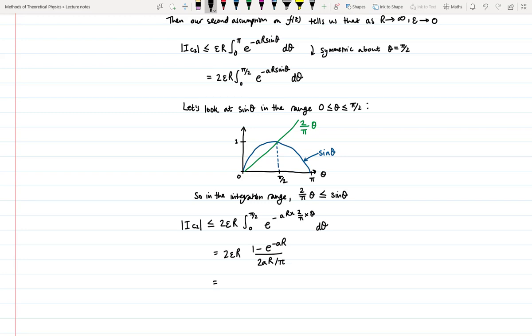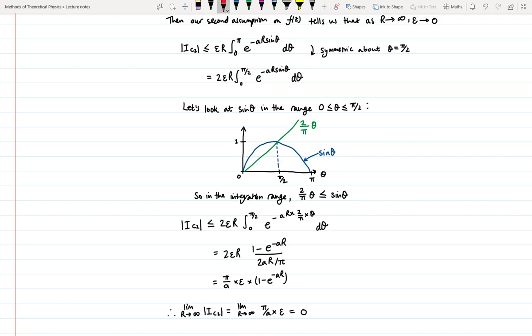Rewriting this, we have pi over a times epsilon times 1 minus e to the minus a r. Finally, we can consider the limit as r tends to infinity of the absolute value of this contribution, and that's the limit as r tends to infinity of pi over a times epsilon, and we know that epsilon tends to 0. Therefore, this contribution along C2 vanishes.